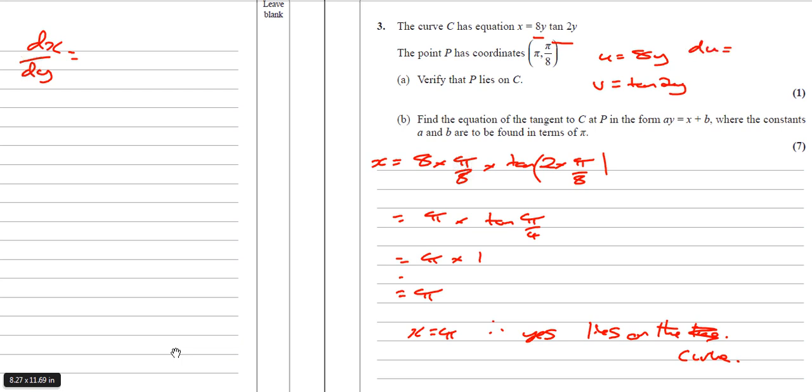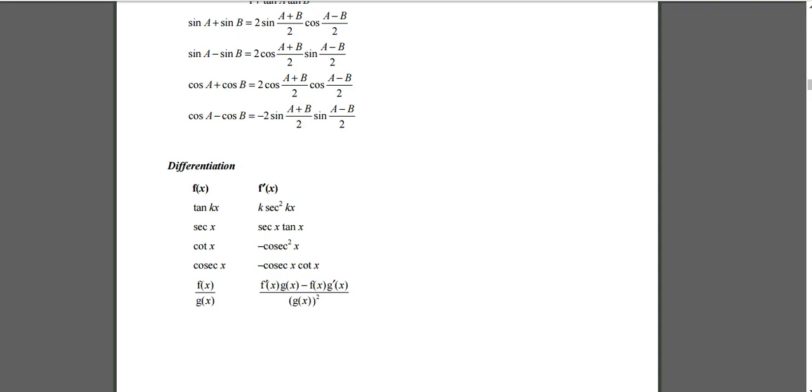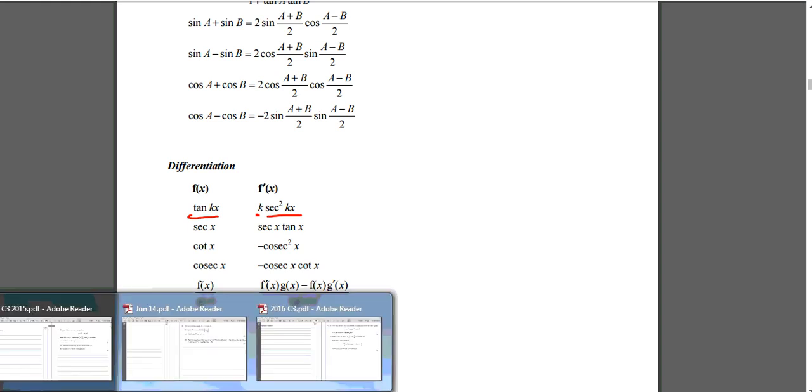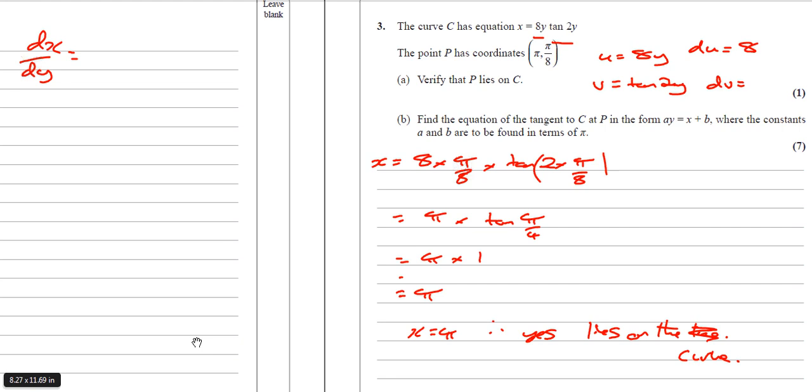So du equals 8, and dv, if we differentiate tan 2y, if you look at the formula booklet, if we differentiate tan of 2 something, you're going to get 2 sec squared of that something. So tan 2y differentiates to 2 sec squared 2y.